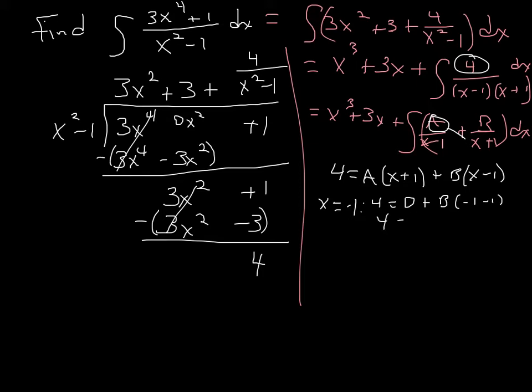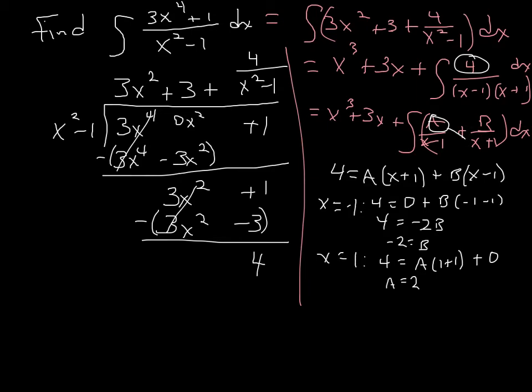So we'd have 4 equals -2b, and b equals -2. All right, and then we have when x equals +1, that would make the last term be 0. So 4 will equal a times 1 plus 1 plus 0. And so a is going to be +2.